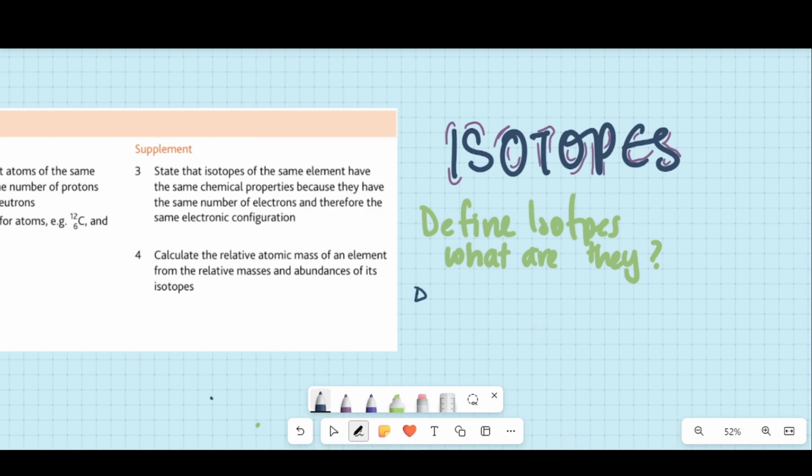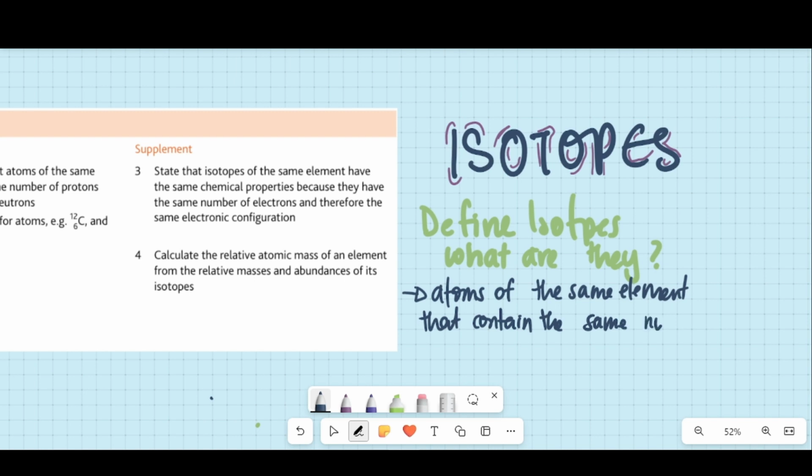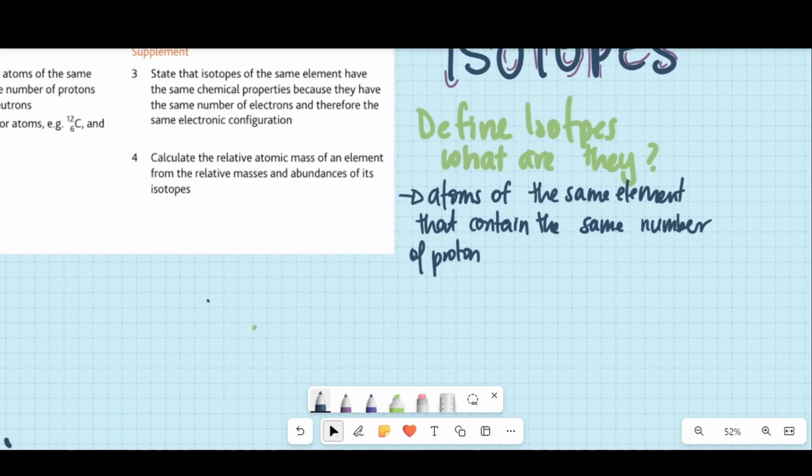Let's get to it. Isotopes are atoms of the same element that contain the same number of protons, and we know from the previous video that proton number is also known as atomic number, right?